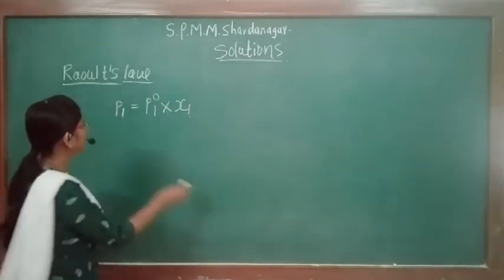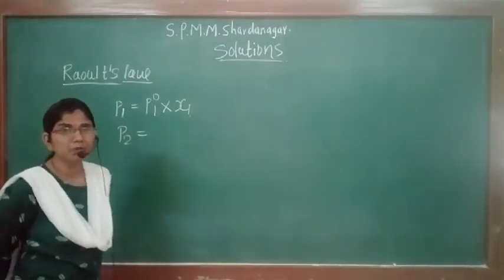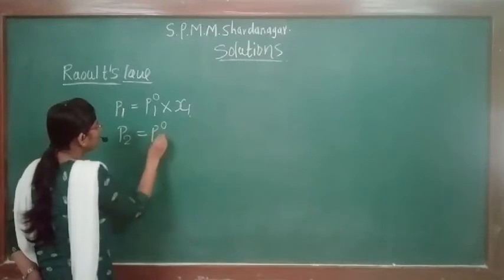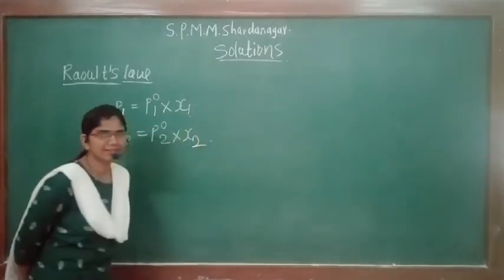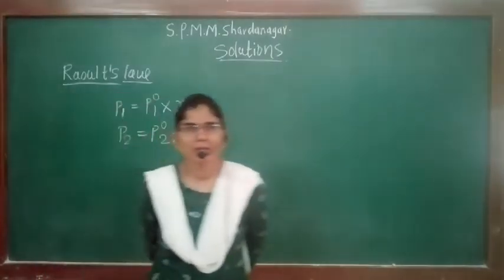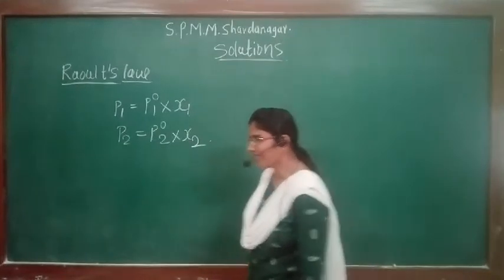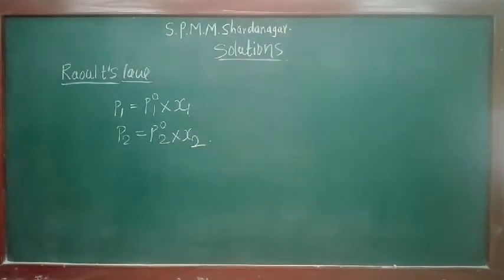For the second component A2, P2 is equal to P02 into X2, where X1 and X2 are the mole fractions of the volatile components A1 and A2 respectively.